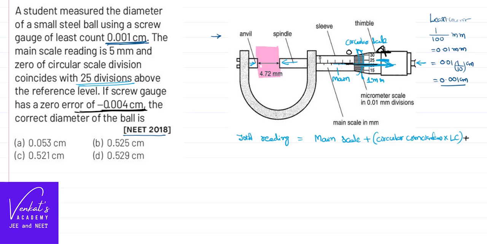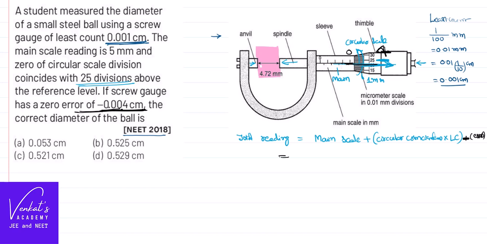It is having a minus, so as a correction, we have to add that zero error. Or you can say it in another way: minus of the zero error. Right? So let us see how you measure that.